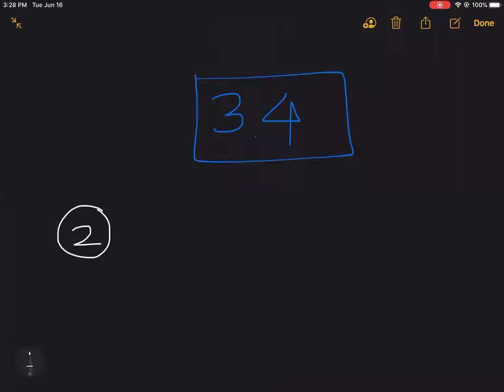So the question is, a farmer has 2,500 yards of fence to enclose a rectangular field. What are the dimensions of the rectangle that encloses the most area? First of all, how does a rectangle look? A rectangle looks like this, where we say this is the length and this is the width.